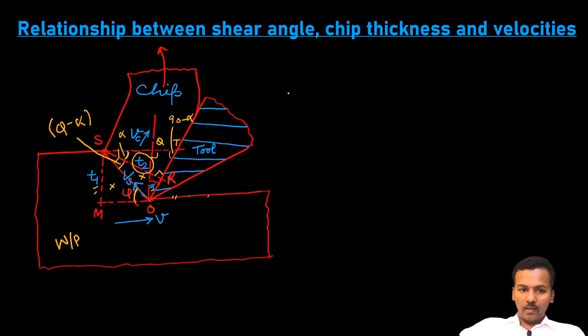Let's take the triangle SMO. As you know, angle SMO equals 90 degrees. From this triangle calculate the value of OS.